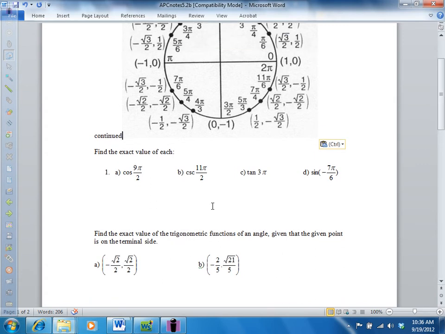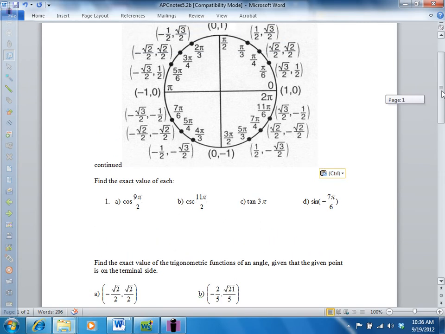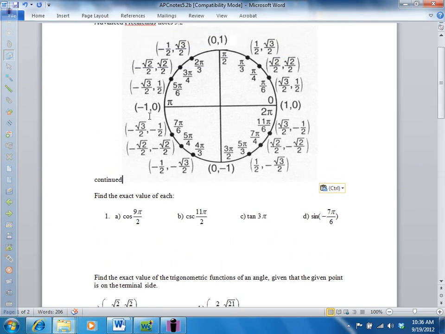Okay? So negative root of 2 over 2, positive root of 2 over 2. Where am I? I'm right here, right? That's what they're asking you. So you have to look at your table and figure it out by yourself. What is the sine? Sine is root of 2 over 2. Cosine is negative root of 2 over 2. Tangent is negative 1.